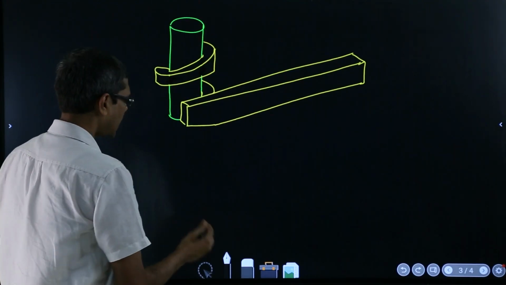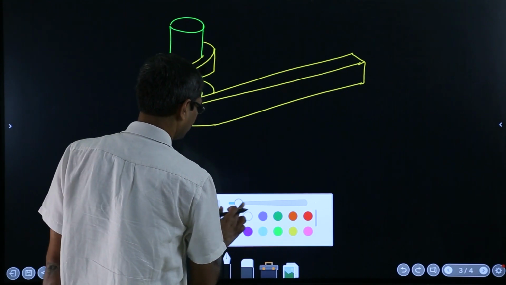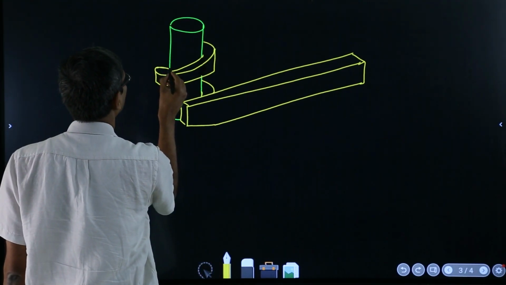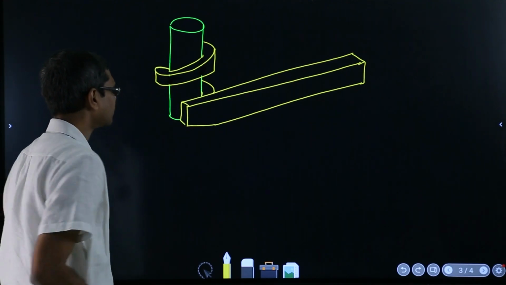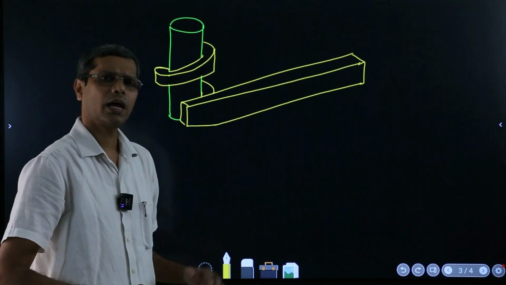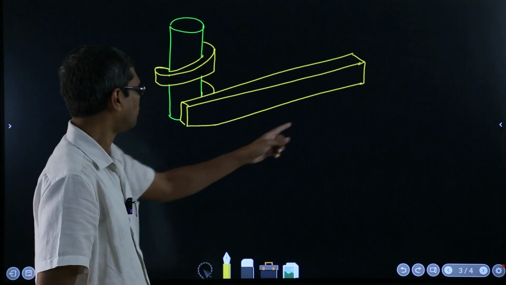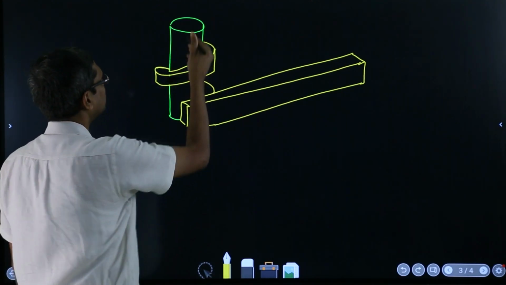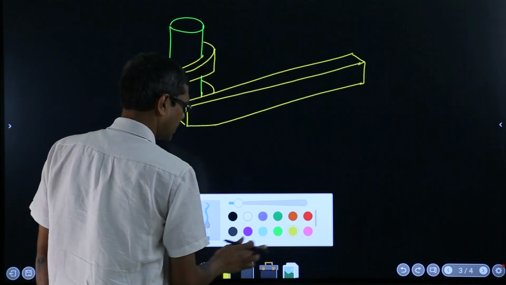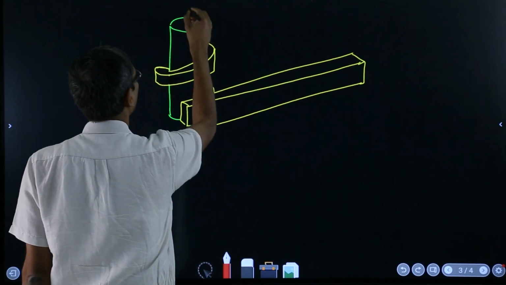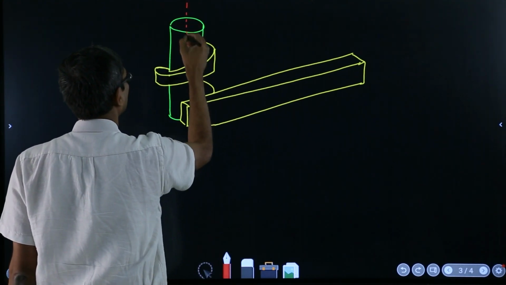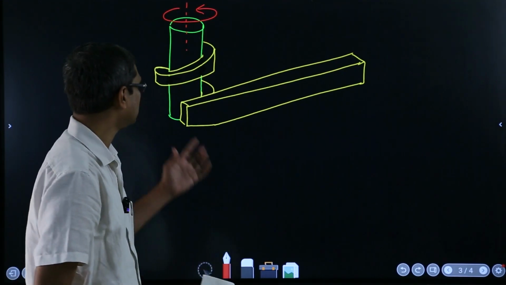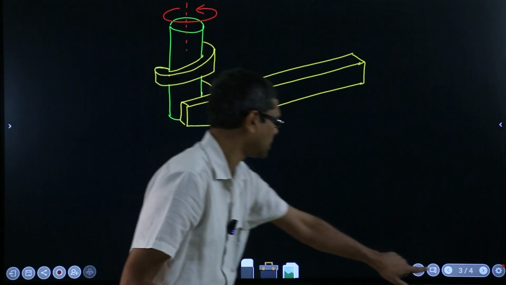In doing that, what I have achieved is that now, instead of pushing, I'll have to turn it. If I turn about this axis, it is as good as pushing the wedge here.